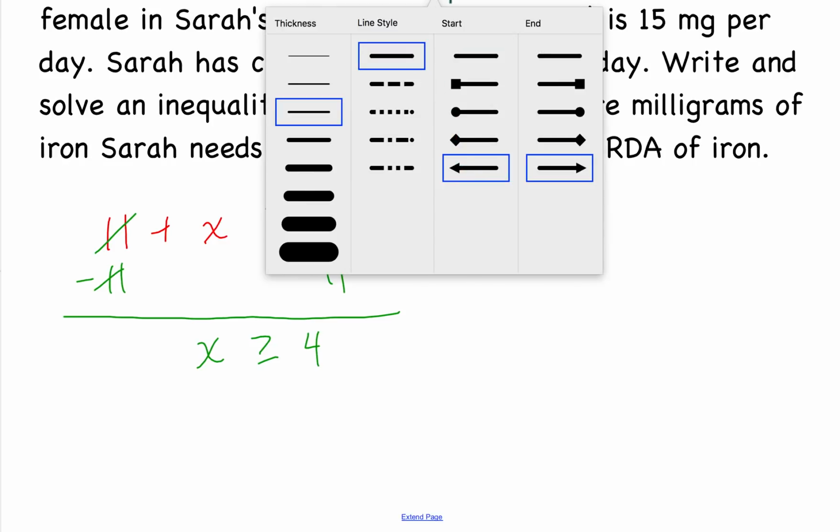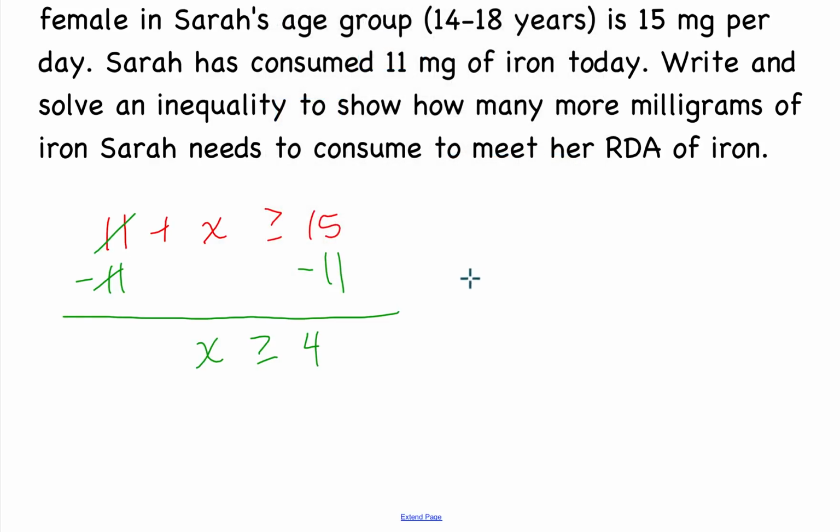Okay, if we were to graph that on a number line, let me just go ahead and pick a number line here for you really quickly, and I'll just put that over here on the right. So here's our number line, and we're going to go ahead and include 4 on our number line. This time it has an equal to with it, so we want to include the endpoint 4, so I need a solid dot on 4, right? It's going to look like that.